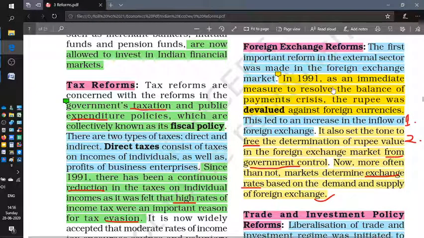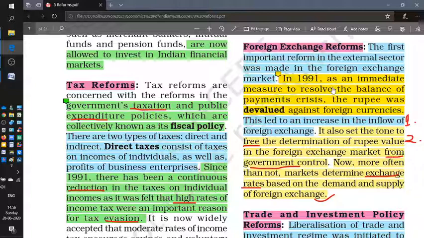So in 1991, what kind of reform did we undertake? It was first to resolve the balance of payment crisis. Remember, the crisis of 1991 was the reason why we had economic reforms, and the main reason was the crisis in the balance of payment where the foreign exchange was too low.